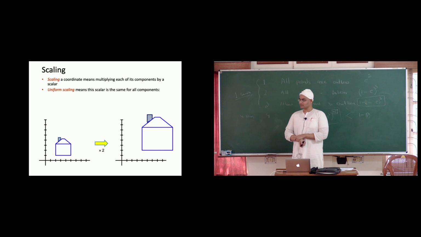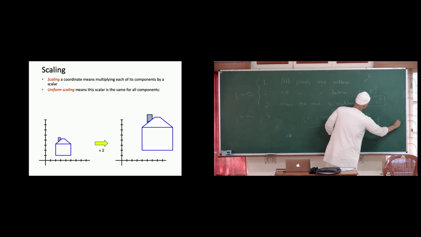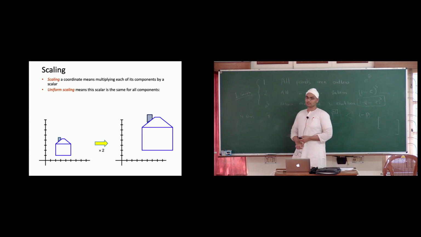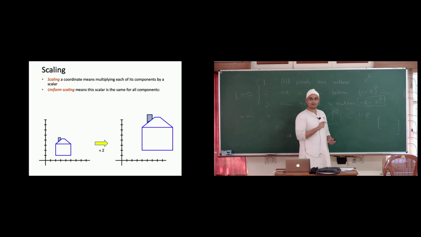Can you tell me the T for this example? Let us see if you are getting it or not. How would the T matrix look for this scaling? Tell me the number. Yes, you can see that also, no? 2, very good.